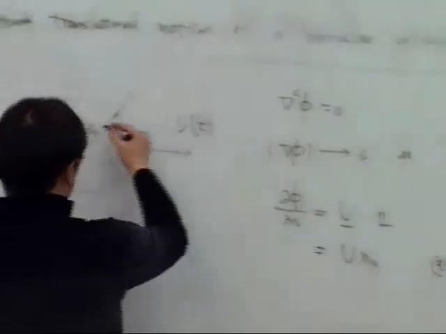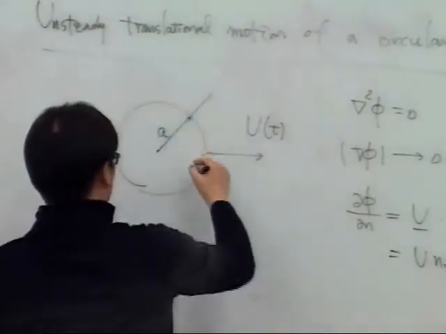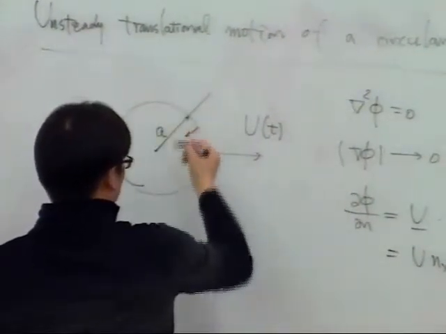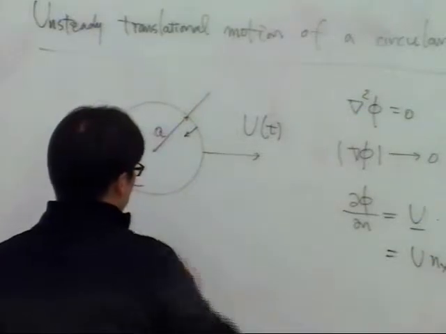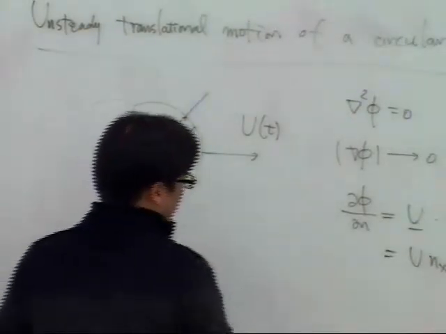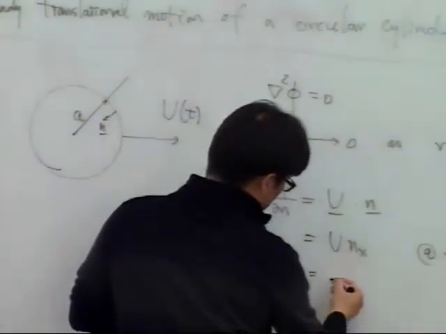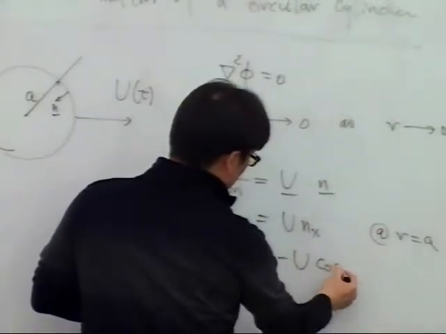And then the normal direction is toward the cylinder. So this is normal, and the x component is nothing but minus u cosine theta.